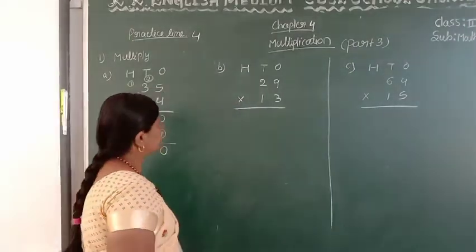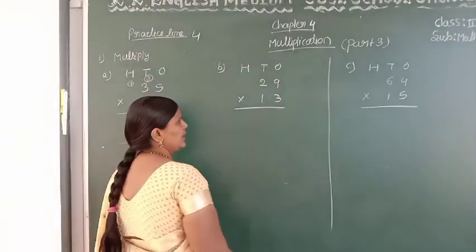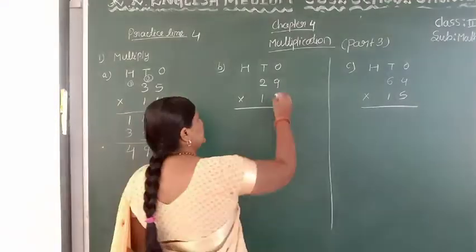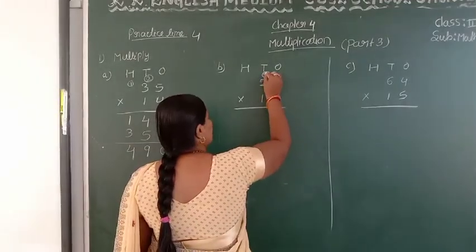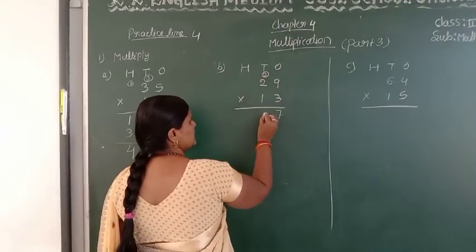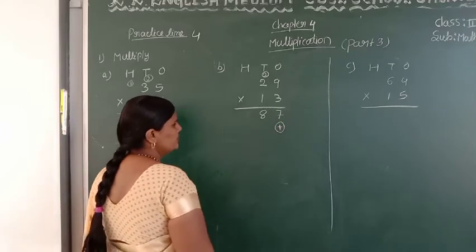Next, second one. 3 9s are 27, or 9 3s are 27. Write 7, carry 2. 3 2s are 6, 6 plus 2 is 8. Now write here 0.